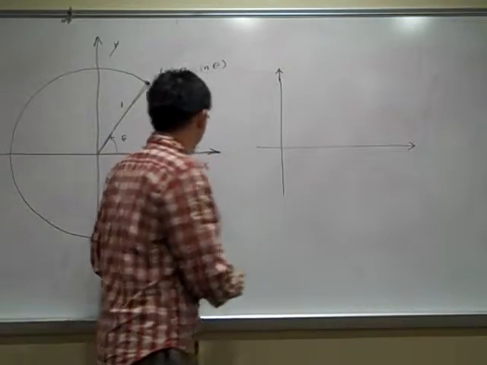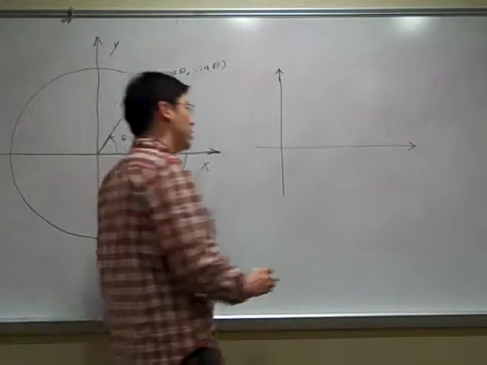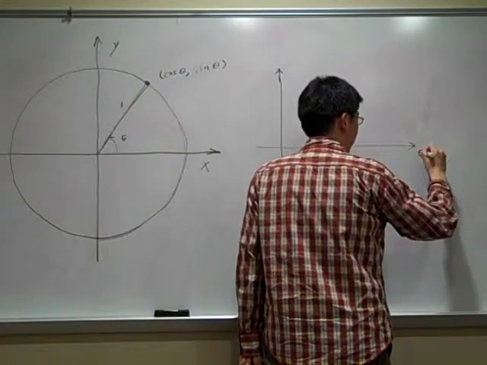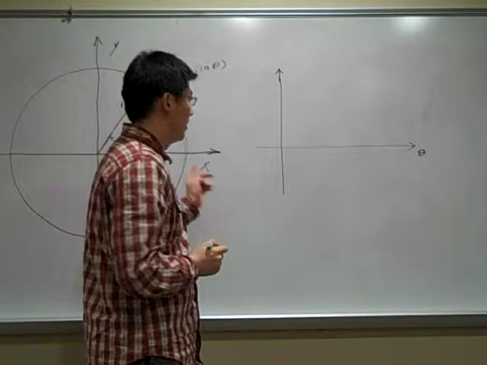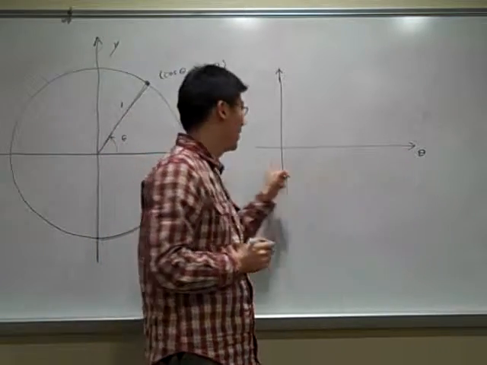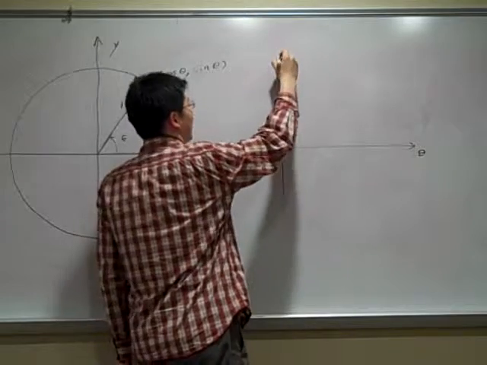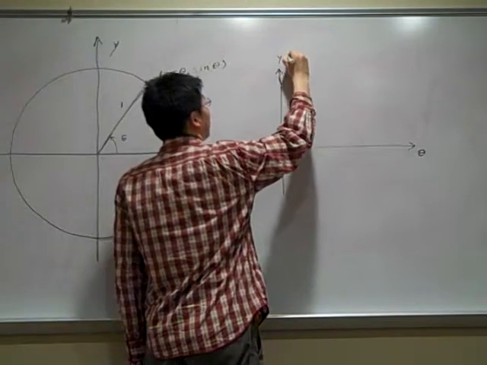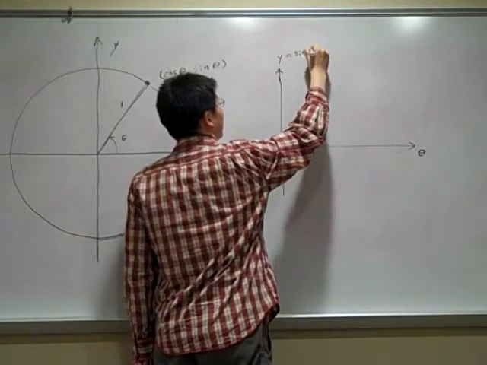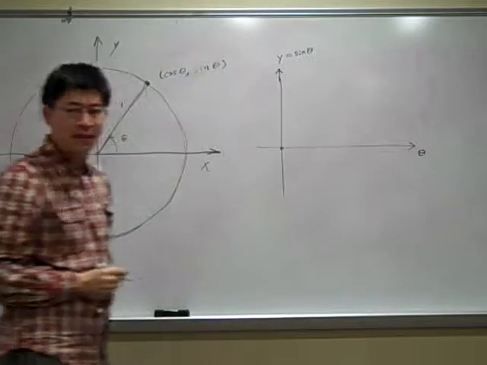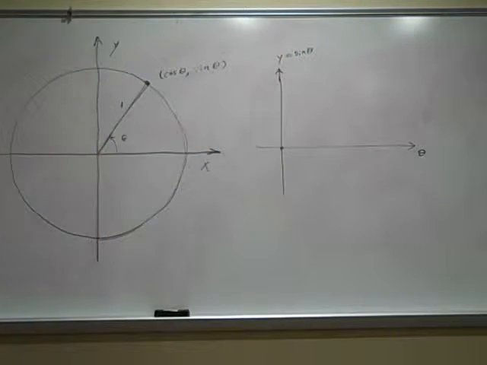So instead of looking at this xy plot, what if we looked at theta along the theta axis? Theta is increasing here, so here theta is 0. And then we look at the value of y, which is the same thing as sine of theta. How does this graph look?